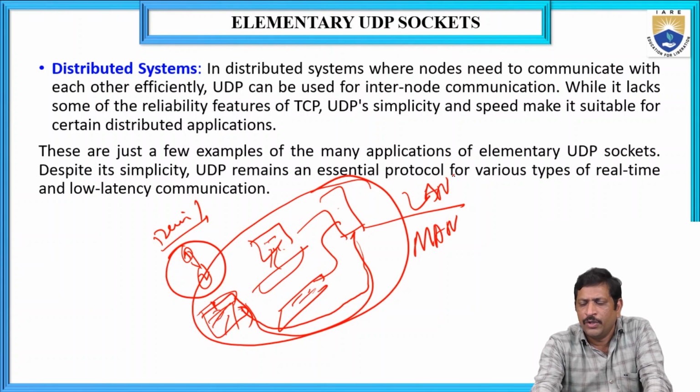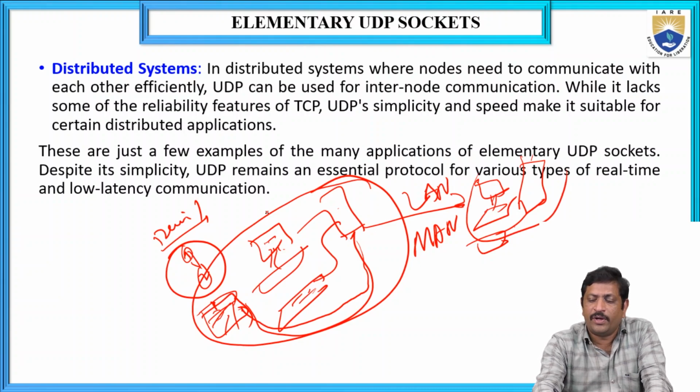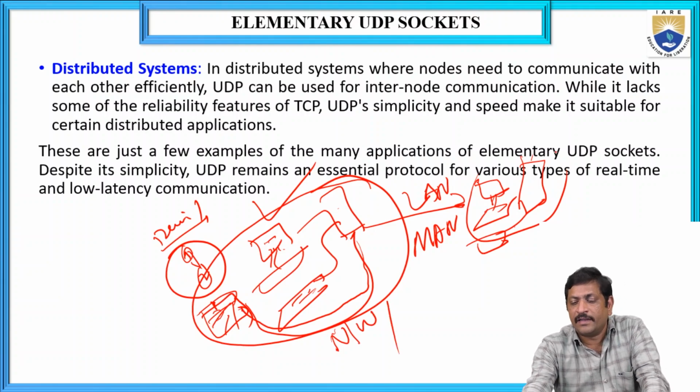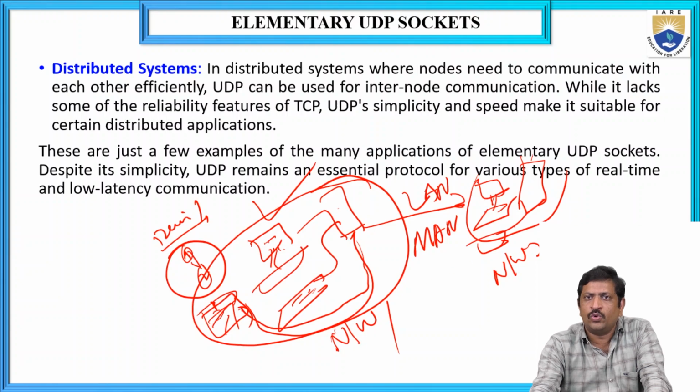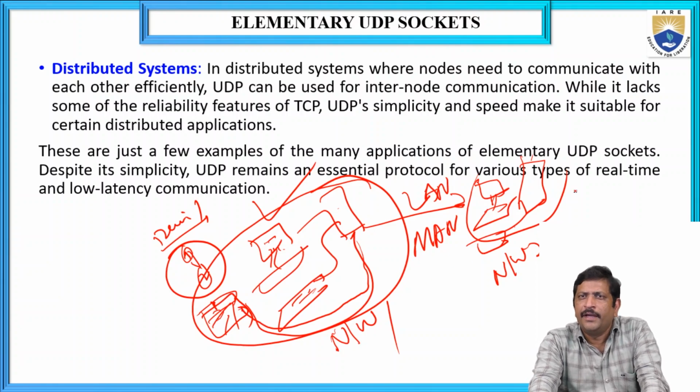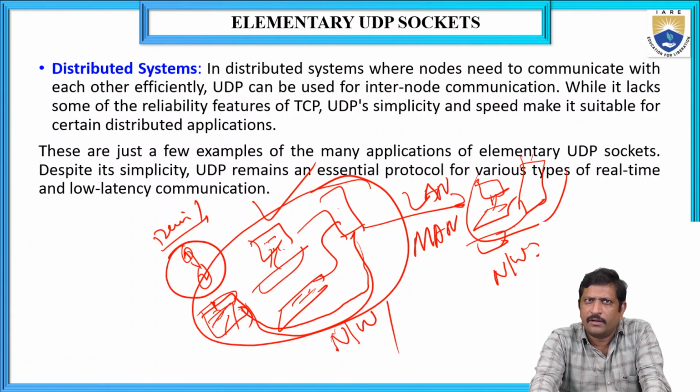If you establish communication between two different devices, we call it inter-node communication. One device is working on one network, and another device is working on another network. These two are working on two different networks. That is inter-node communication.